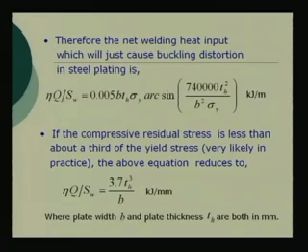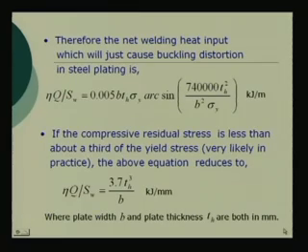Welding procedure means the welding method you will be following, the welding parameters you will be using, right. So, here I can take that value equal to 1/3 of the yield stress, then this equation simplifies to this. It is only 3.7 thickness cube by B. B is the breadth of the plate, width of the plate, and TH is the thickness.